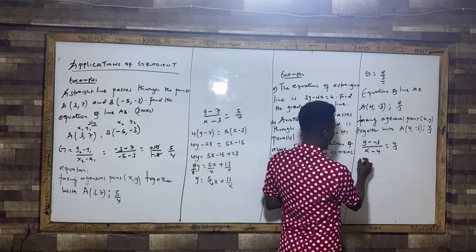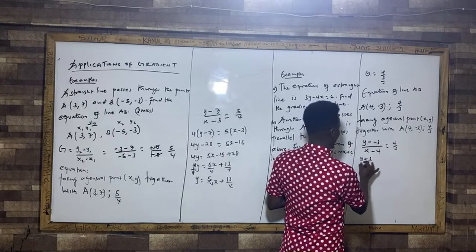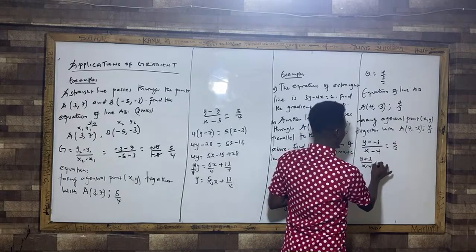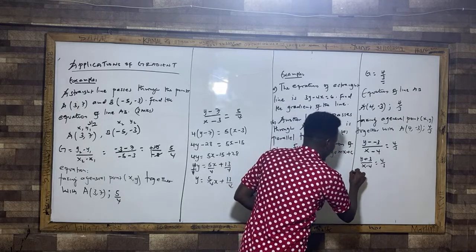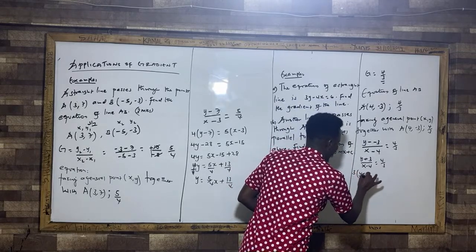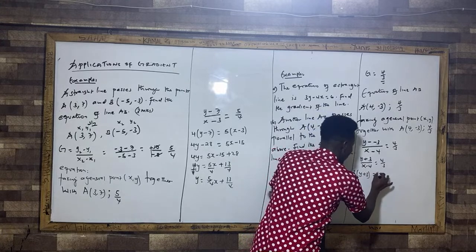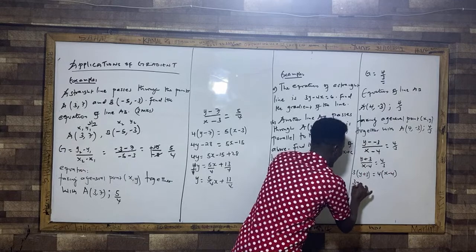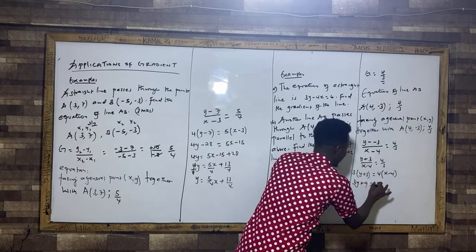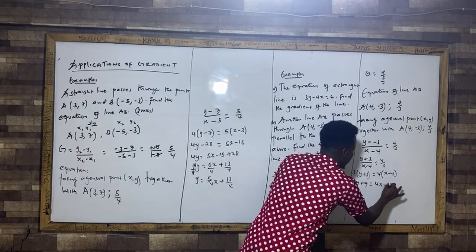Then here we'll have y plus 3 all over x minus 4 is equal to 4 over 3. Then cross multiply, so it will be 3 into (y plus 3) is equal to 4 into (x minus 4). So it will be 3y plus 9 is equal to 4x minus 16.